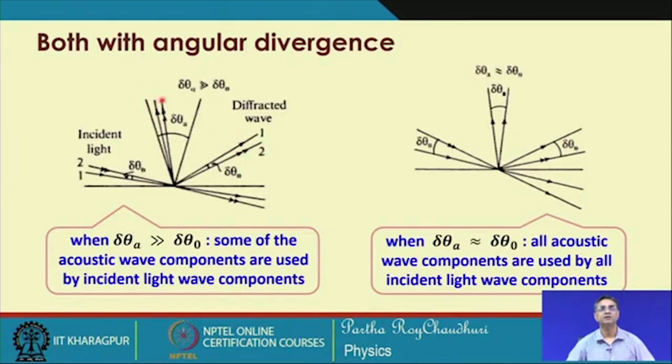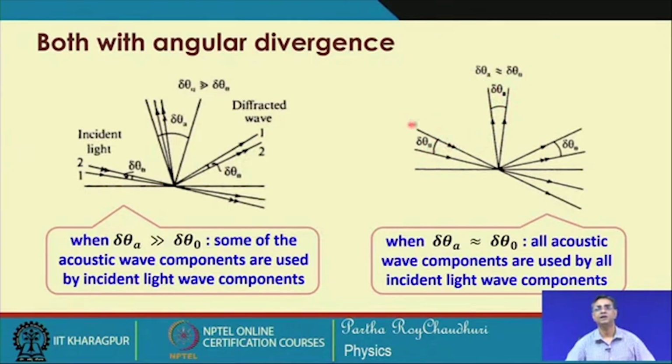So, these are coming from the various available components of the acoustic waves. For a range of optical angular width of optical beams, you will have this. So, at least this much change in the angular width of the optical beam should be accommodated within this range of acoustic wave components. Therefore, this should be more than this.